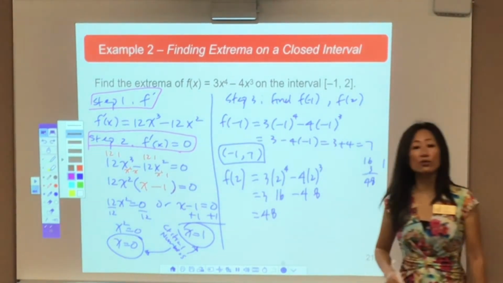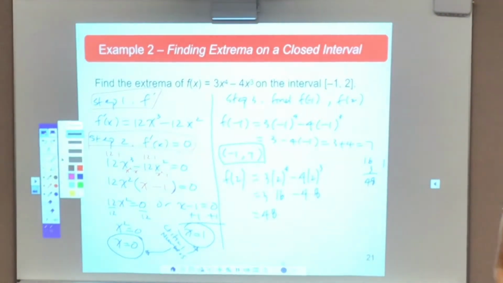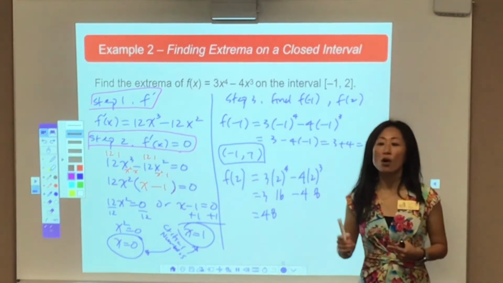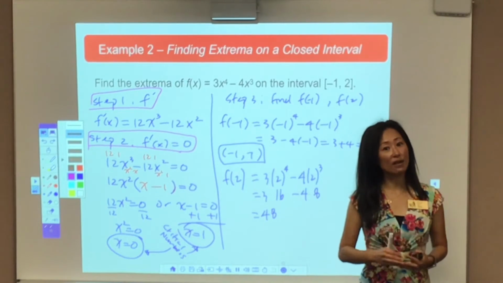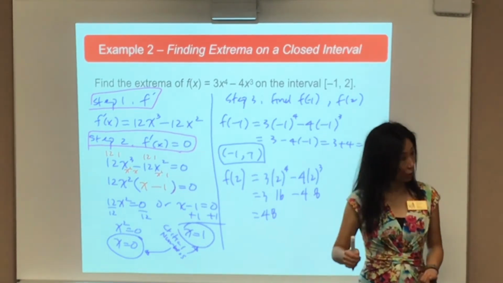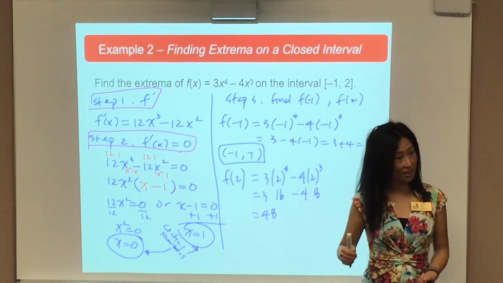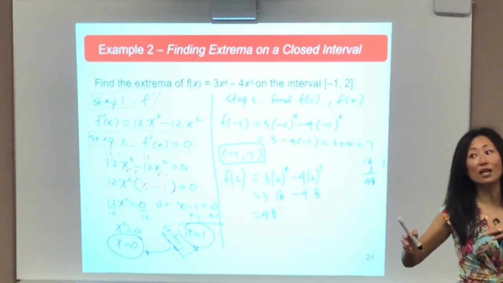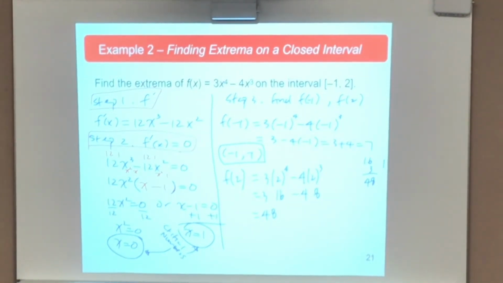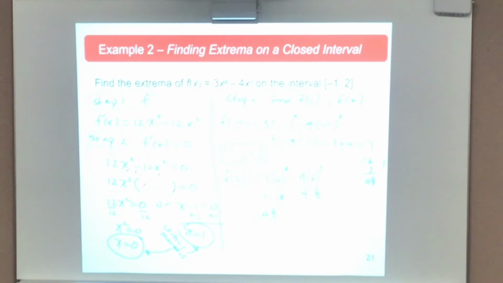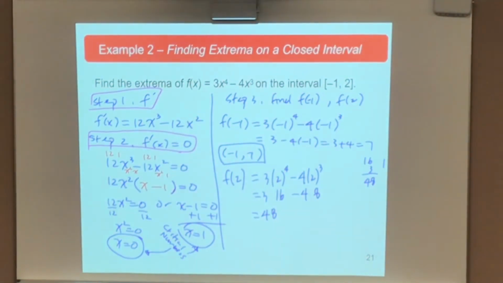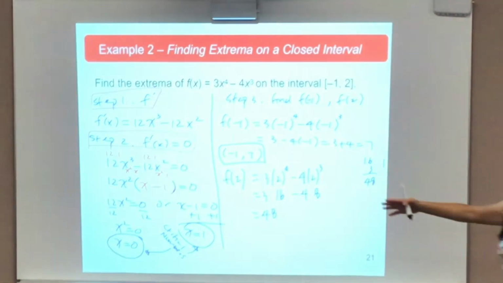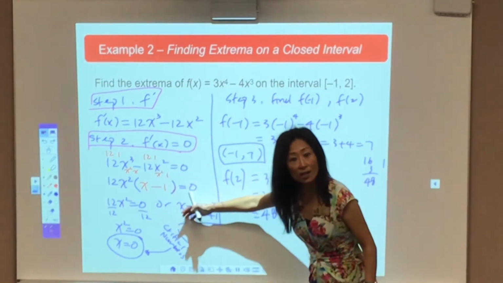Class, I'll let you use your calculator, that's fine. I guess you can use Julia Box too, but on your exam, you cannot say, I got this graph from Julia Box, because I cannot give you credit. Are you with me, class? You can use Julia Box to check your answers, to make sure it's correct, but you have to show me your work. I find my critical points doing this work.